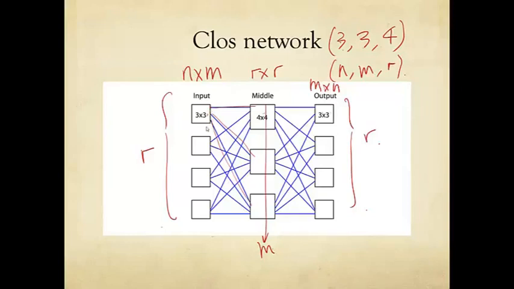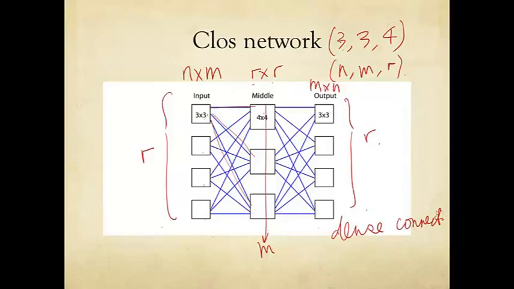And that is why each of these middle switches is r by r, because you need to face all of these input switches. And then it's exactly symmetrical on the side facing the output. So this is a very dense connection.